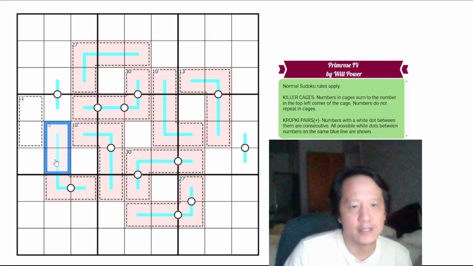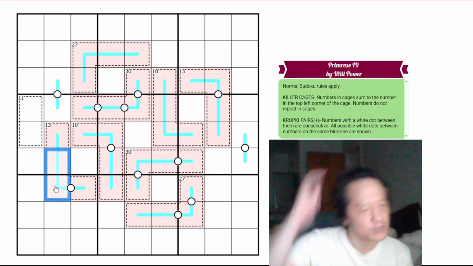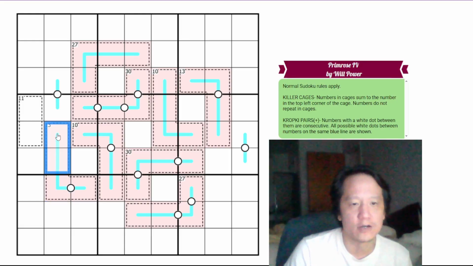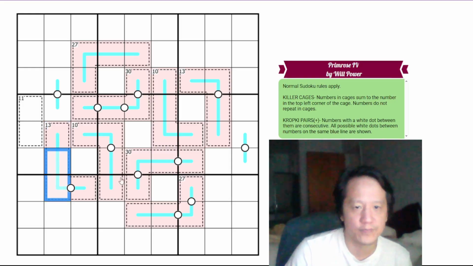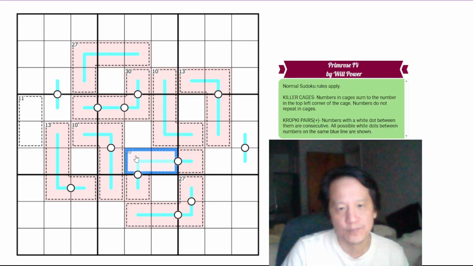And that's what it means to be the negative constraint, right? Because there is no dot there on the blue line, these can never be consecutive. If they were consecutive, it would be shown.